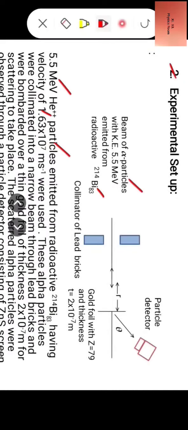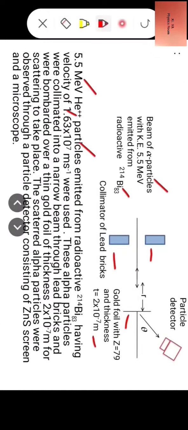These alpha particles were collimated into a narrow beam through lead bricks and were bombarded over a thin gold foil of thickness 2 × 10⁻⁷ meter for scattering to take place. The scattered alpha particles were observed through a particle detector consisting of a zinc sulfide screen and a microscope, as shown in the diagram.